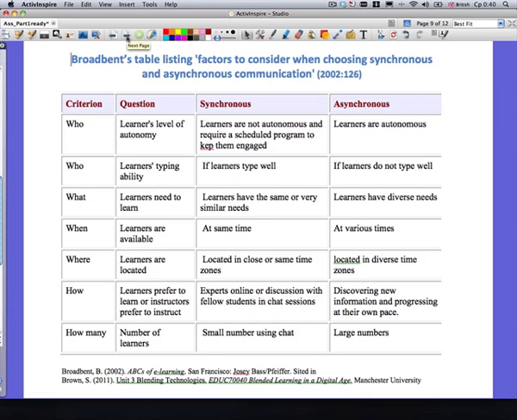But the others inform my decisions on how to combine and balance different mediums, as well as how to evaluate the role of asynchronous and synchronous tools in the courseware.